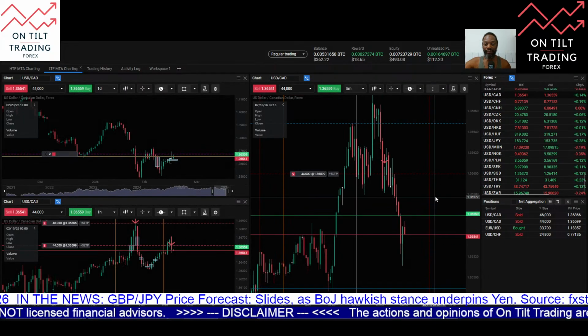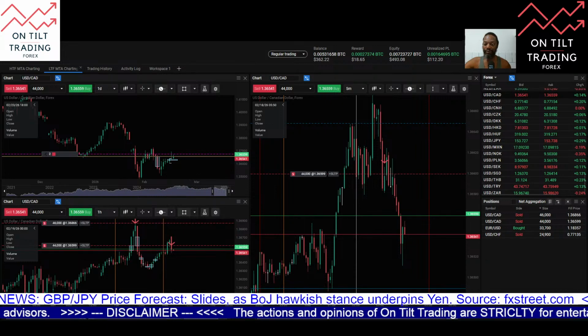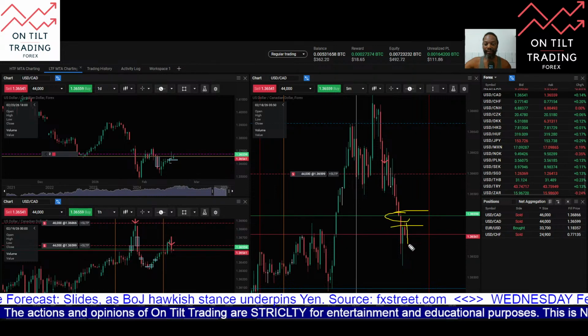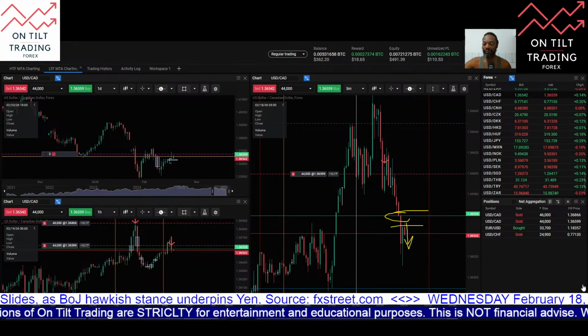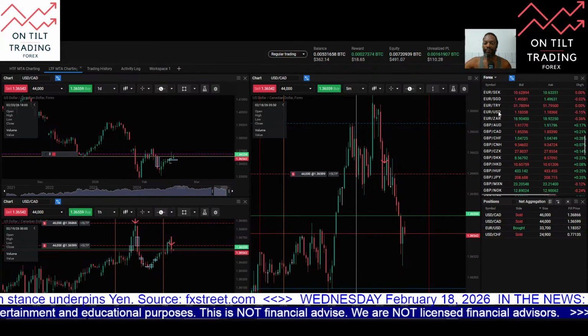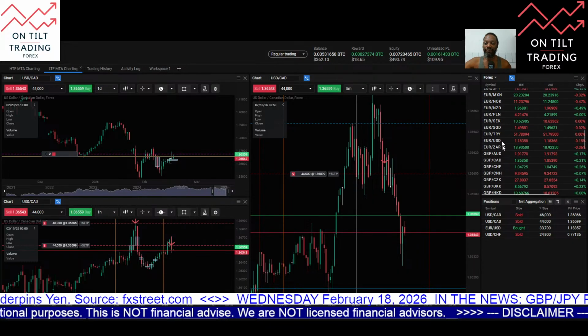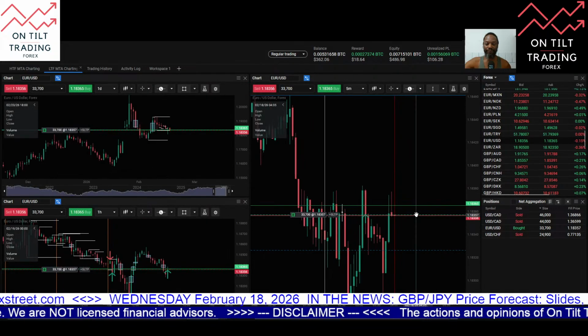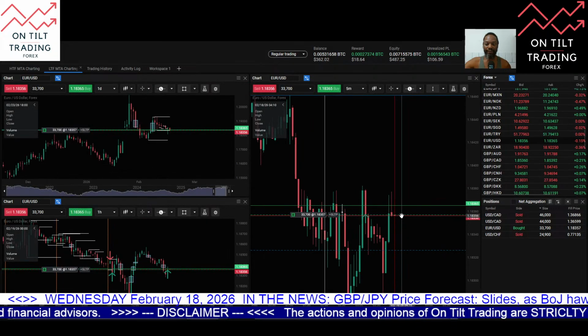Dollar CAD, some pullback back into a bearish fair value gap here, and reacting, showing further sell side delivery from that. And back to euro dollar. Now still consolidating here in that area.